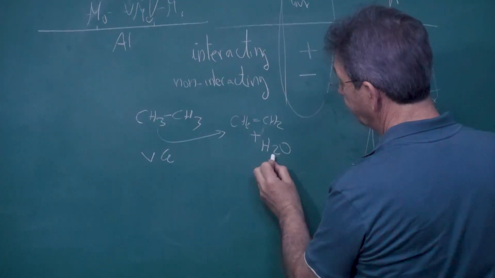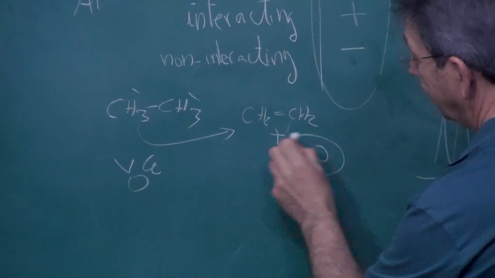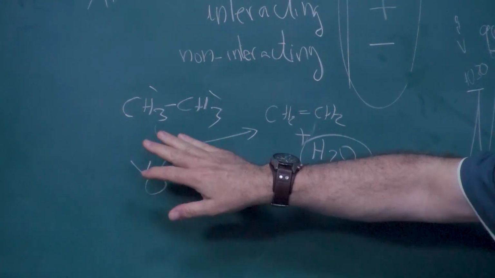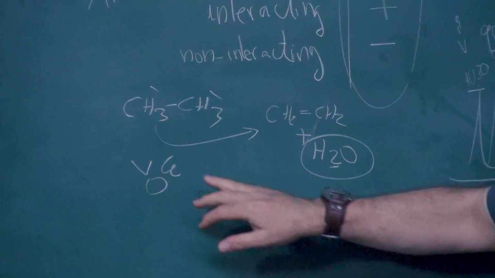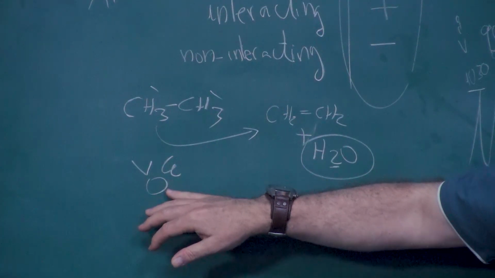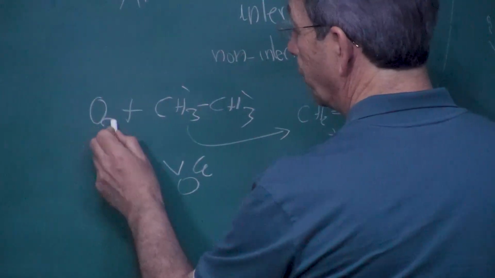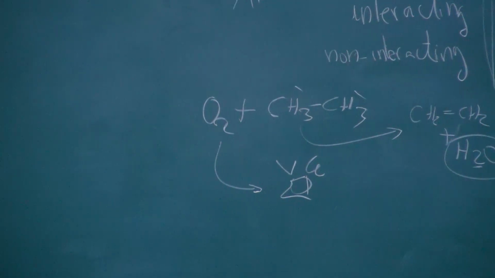So this water has two hydrogens, one from here, and an oxygen coming from here. So when you make ethylene, this catalyst is being reduced by ethane. You make ethylene and water. And then the catalyst, by giving out this oxygen, is being reduced. And then you are also feeding oxygen. So this oxygen goes into the lattice to restore this vacancy that you have created.